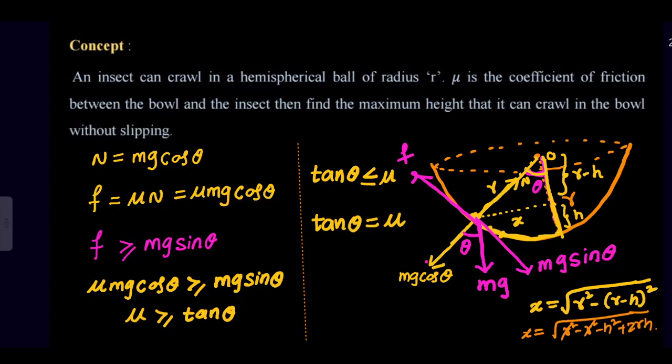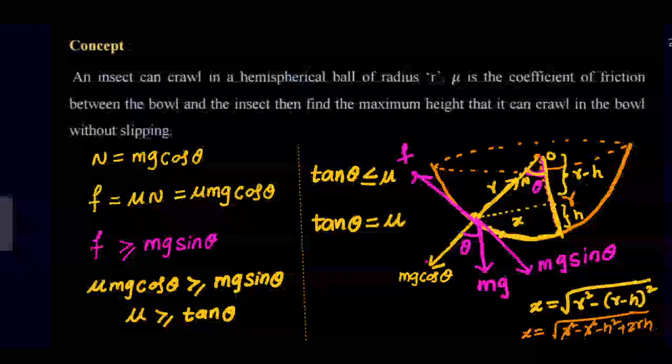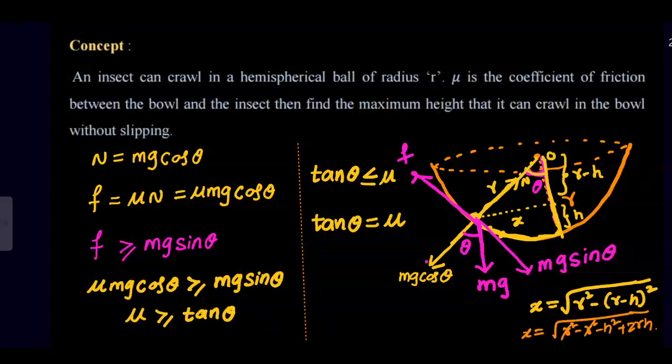Now from this, tan theta will come as what? Opposite by adjacent, x by r minus h, isn't it? And that is equal to mu only.